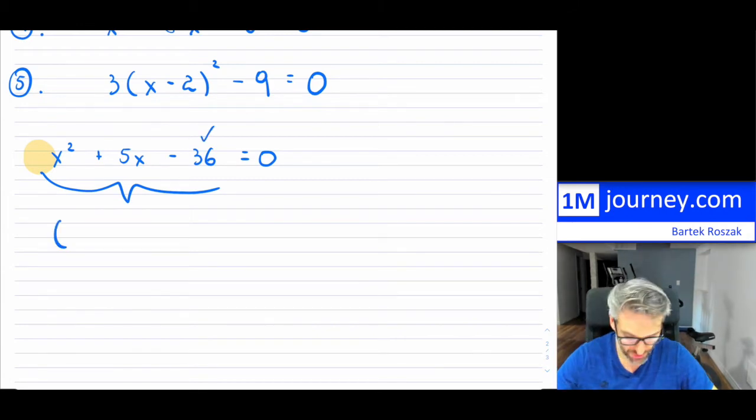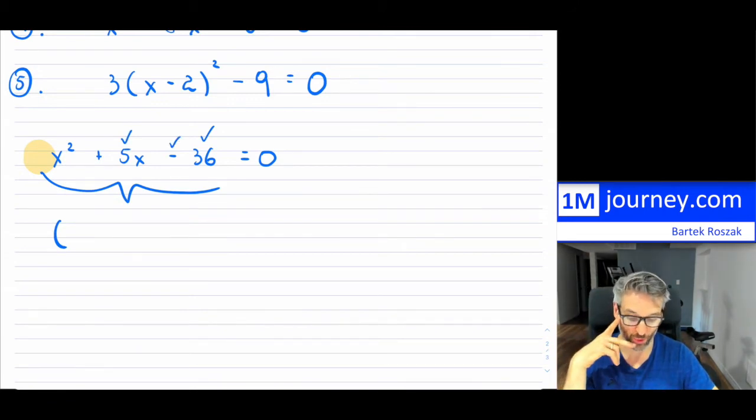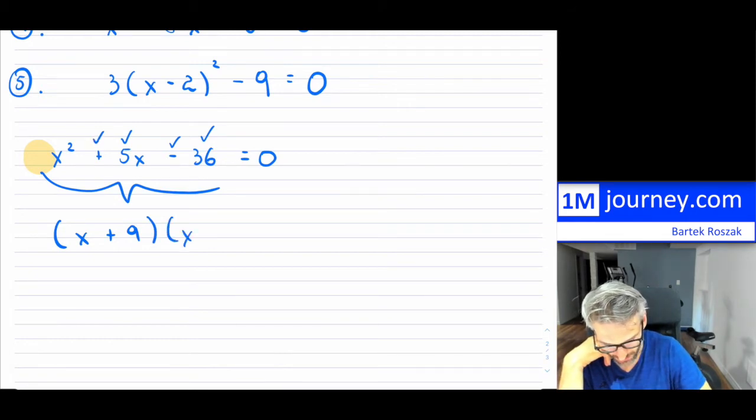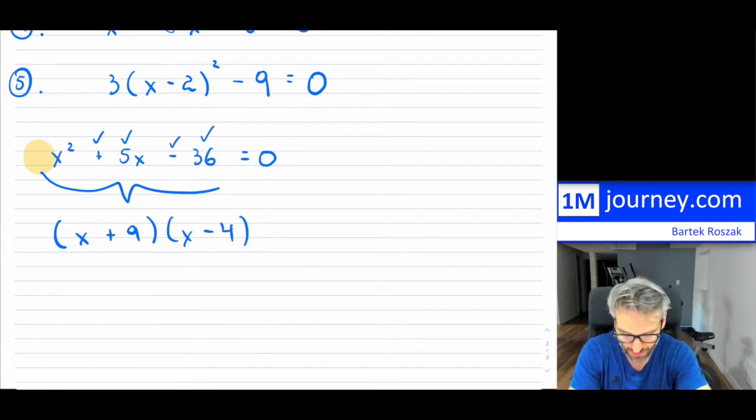Well, 2 numbers that give me 36, and looking at the 5, it's negative. So 9 times 4 gives me 36, so the 9 will be positive, and then x minus 4 will be negative, so that when you add them up, 9 plus negative 4 is plus 5, which gives you exactly what you have in that middle term, and then 9 times 4 is 36, and it's negative.